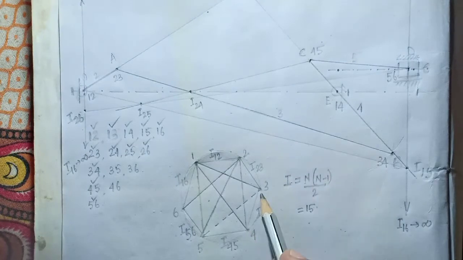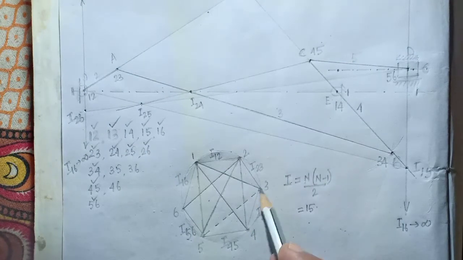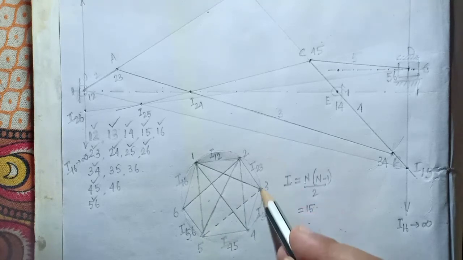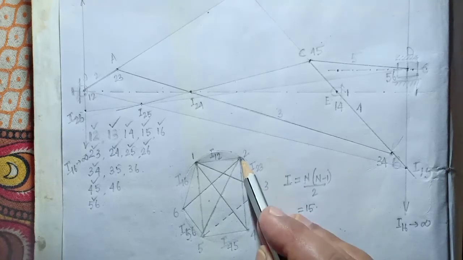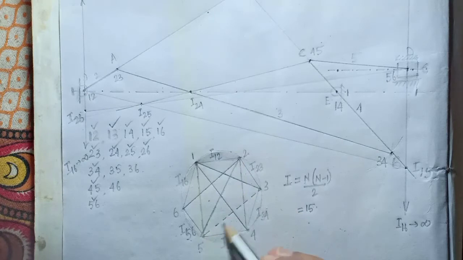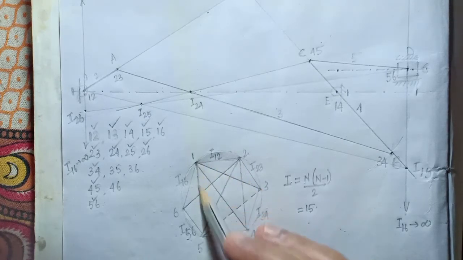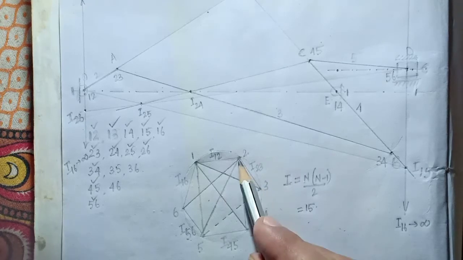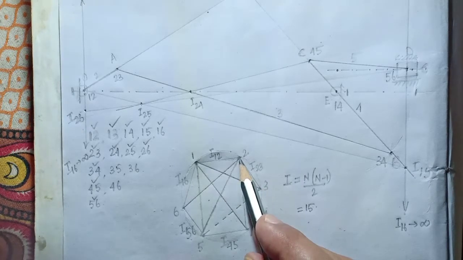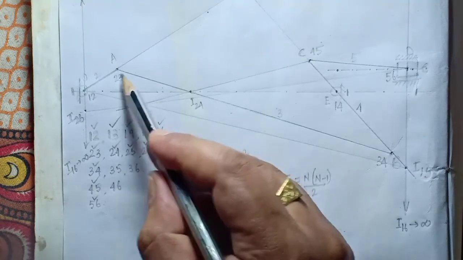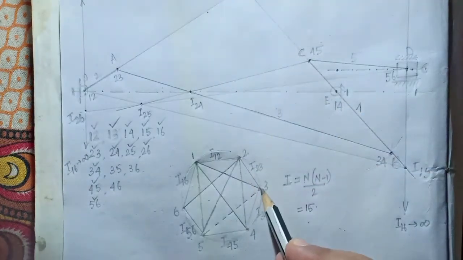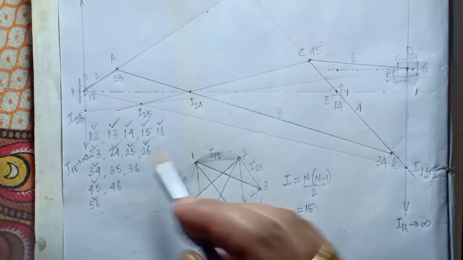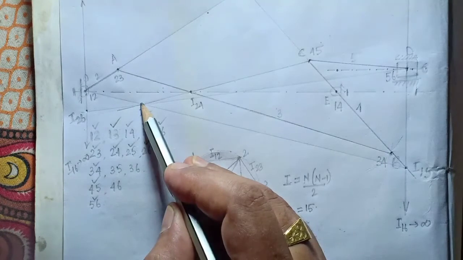Let's see. And to move from 3 to 5, we are having so many paths we can move. We can choose 3 to 2, then 2 to 5. Also we can choose 3 to 1, then 1 to 5. So let's see which path will be easier. So 3 to 2, where is 2, 3? So 2, 3 is this point. And 2, 5 is this point.